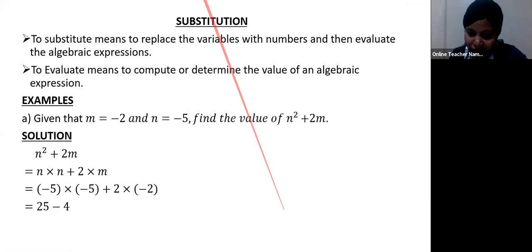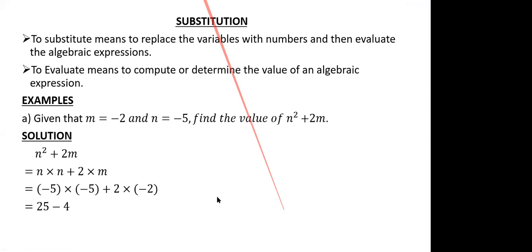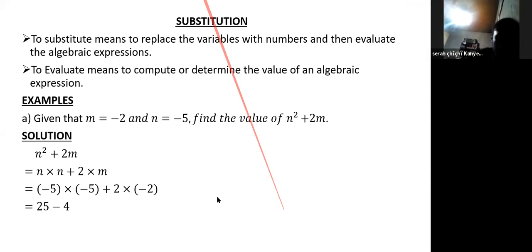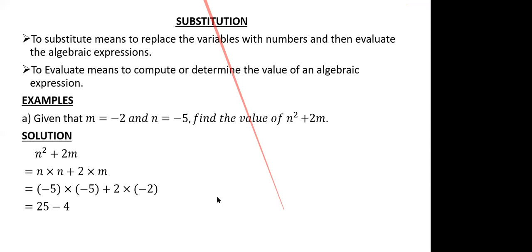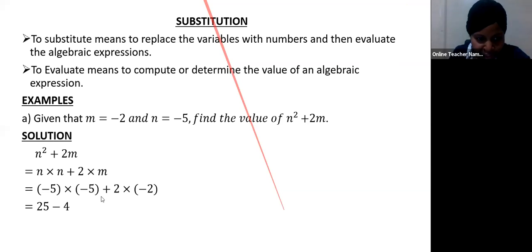Is it clear? Excellent. So 25 minus 4 is equal to what? To 21.